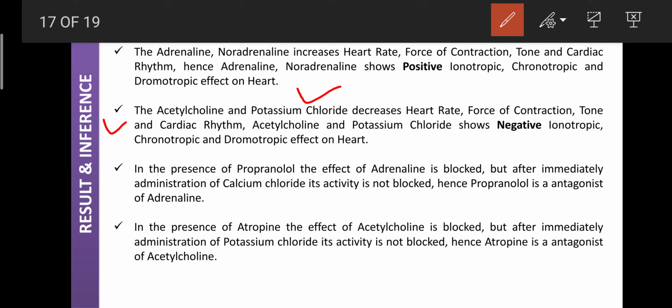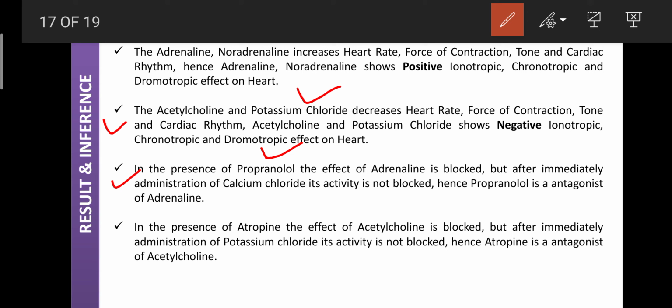Then the third conclusion: in the presence of propranolol, the effect of adrenaline is blocked, but after immediate administration of calcium chloride, its activity is not blocked. Hence, propranolol is an antagonist of adrenaline. It means if a person suffering from hypertension has an overflow of sympathomimetic drug, it can be treated with propranolol, because propranolol is an anti-adrenergic or sympatholytic drug.